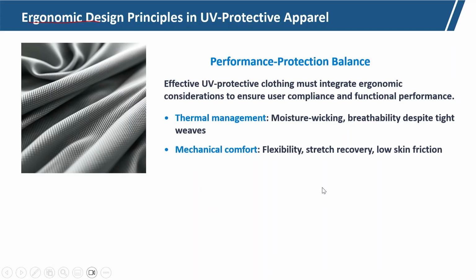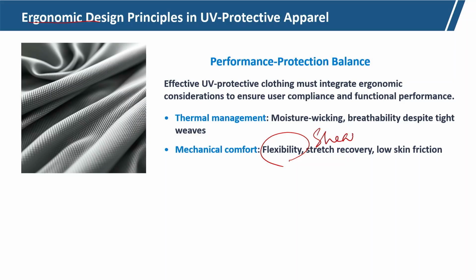So, mechanical comfort must be there. We should not treat the fabric with certain coating which will reduce the flexibility, or restrict the stretch property, or give a very rough surface. So, mechanical comfort like fabric handle and flexibility should be maintained, and it should not increase the shear stress.